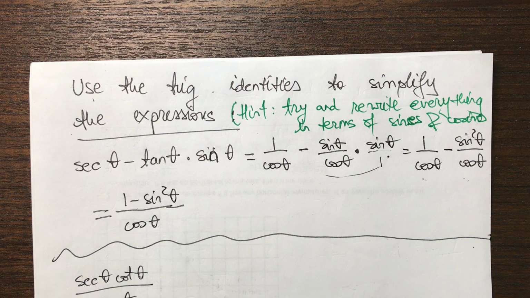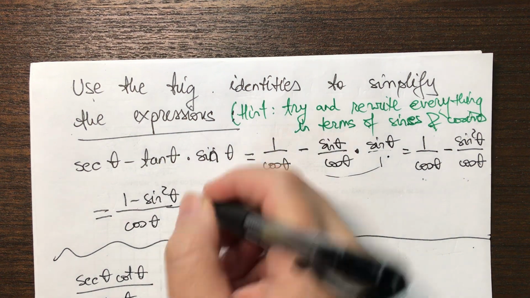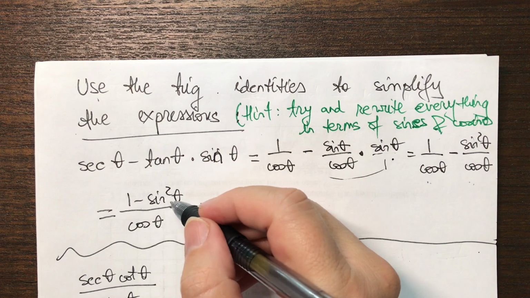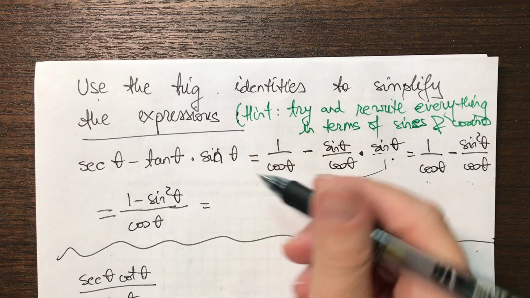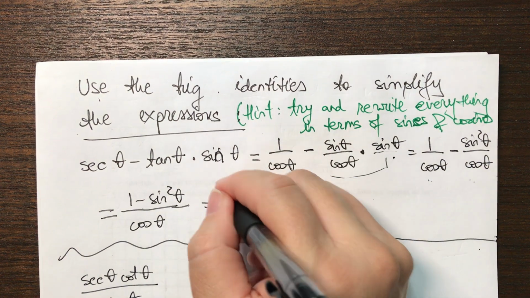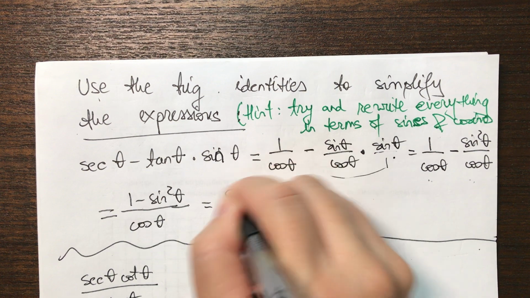Can we do one more thing? Now remember that most important Pythagorean identity that relates sine squared theta to cosine squared theta. Every time I see a sine squared theta or a cosine squared theta, I think of that identity and I know I can turn one in terms of the other. So sure enough, from sine squared plus cosine squared is equal to 1, 1 minus sine squared is the same thing as cosine squared.